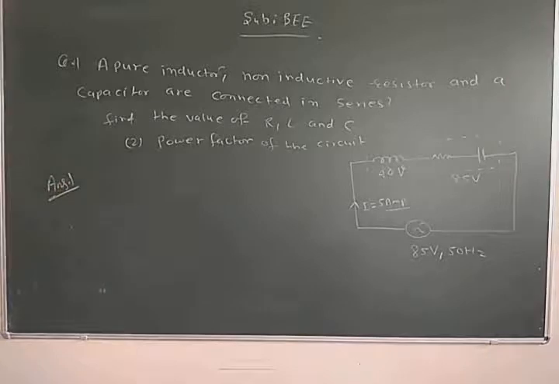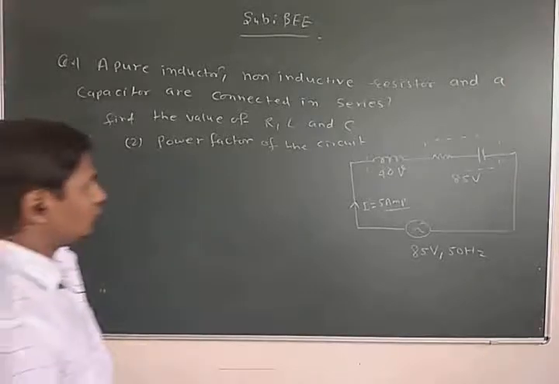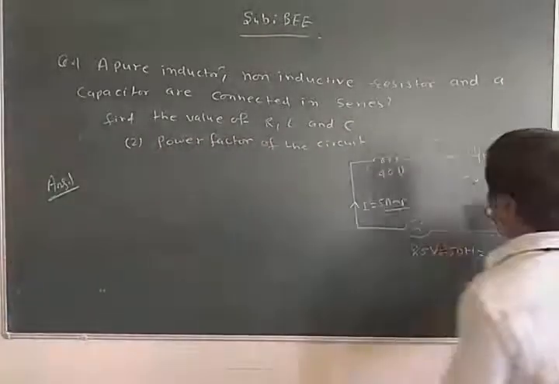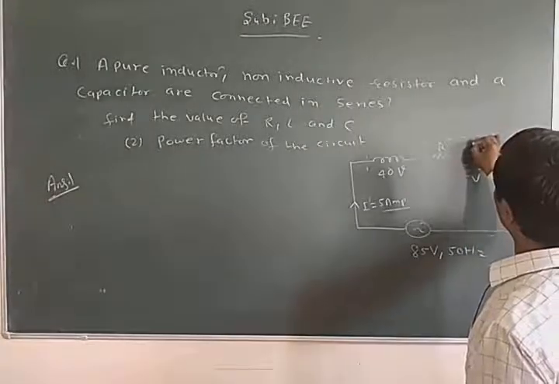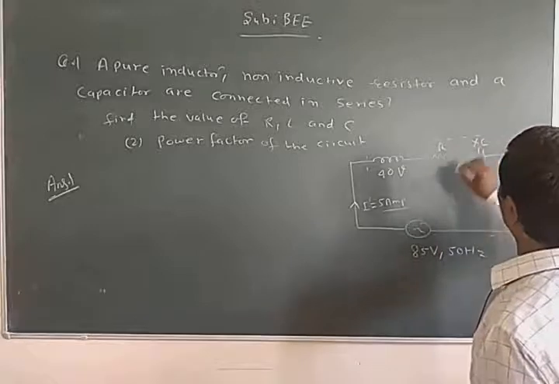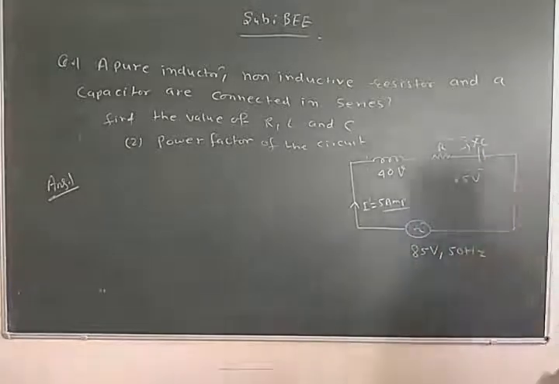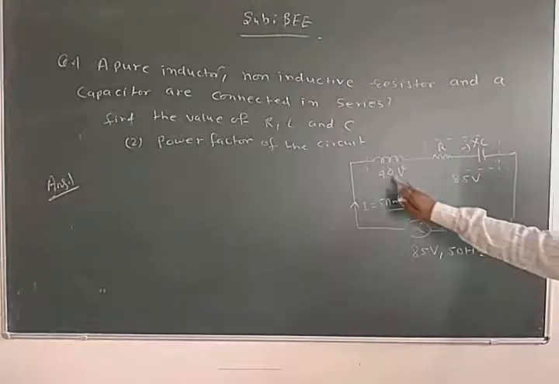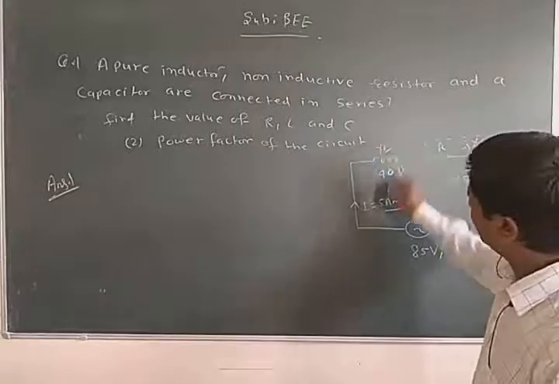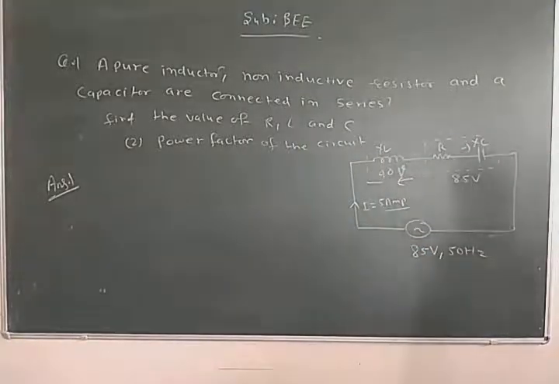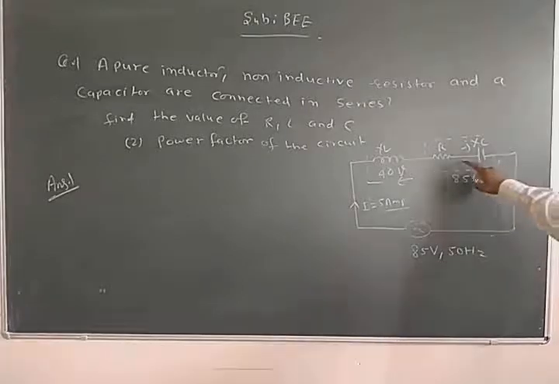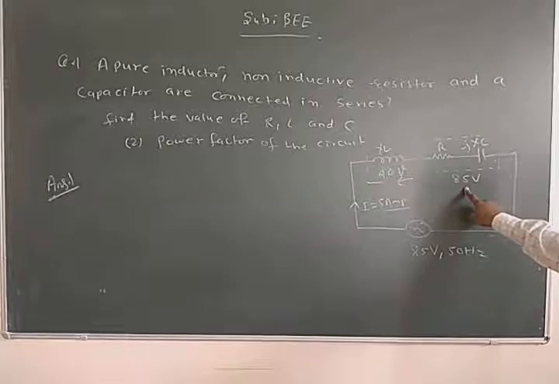Now we solve this question. First of all, we see that there is the resistance R, and the capacitive reactance is minus jXC. Here there is the inductor XL and the voltage is 40 volt. Similarly, across R and XC the voltage is 85 volt.